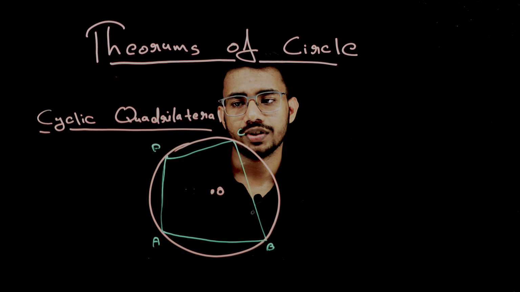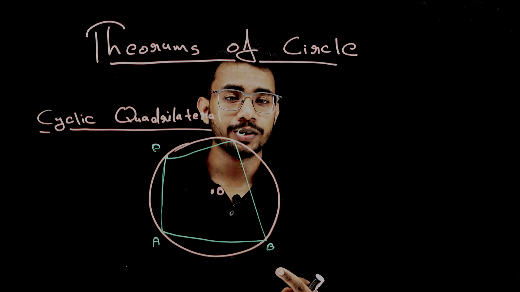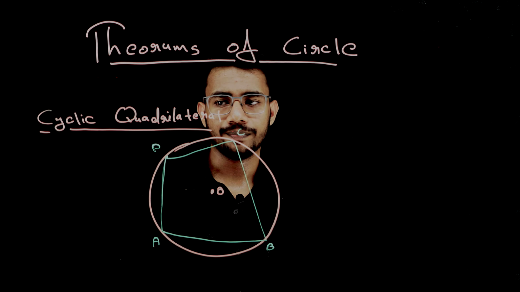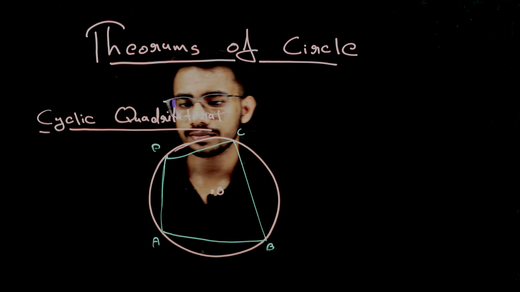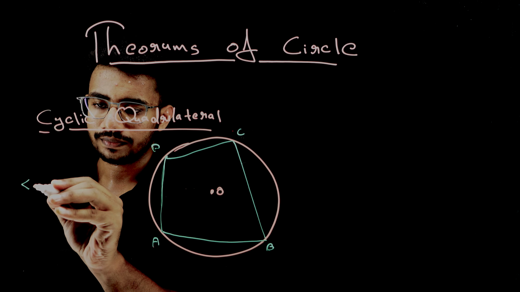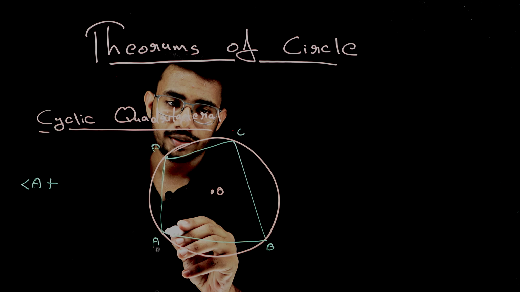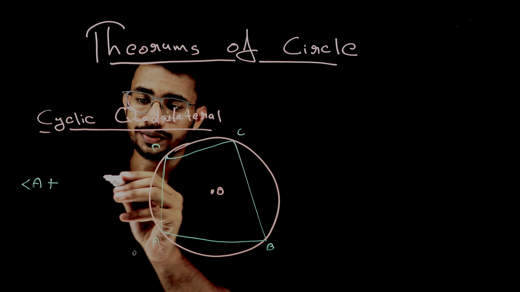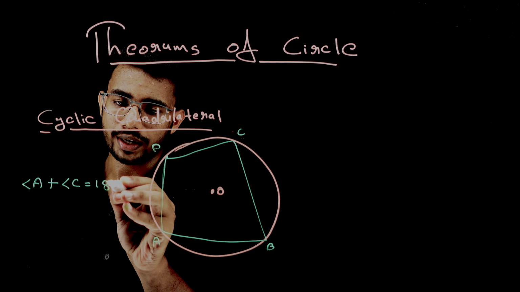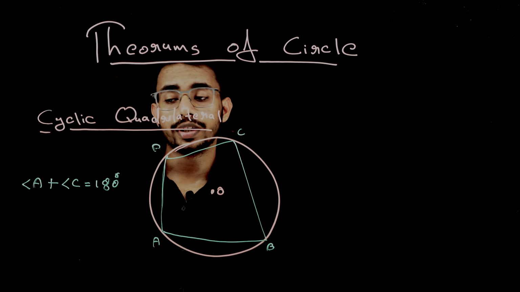If this is the case, then the opposite angles are going to be supplementary. Supplementary means the sum of the angles will be equal to 180 degree. That means the angle A plus the angle opposite to A, angle C, is going to be 180 degree, and the angle B and D is going to be 180 degree.